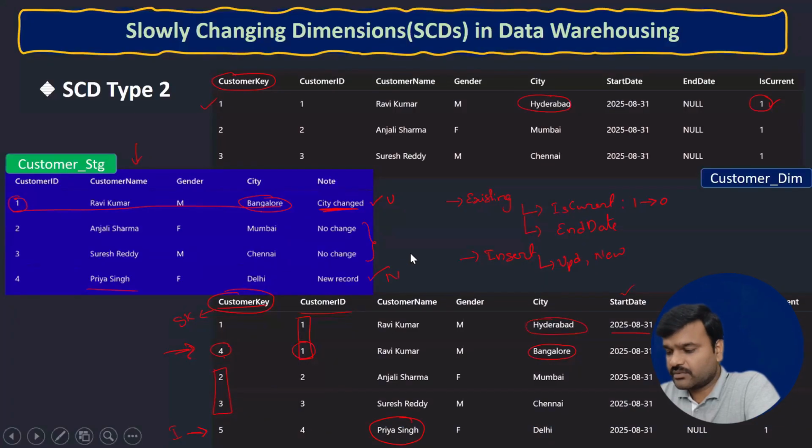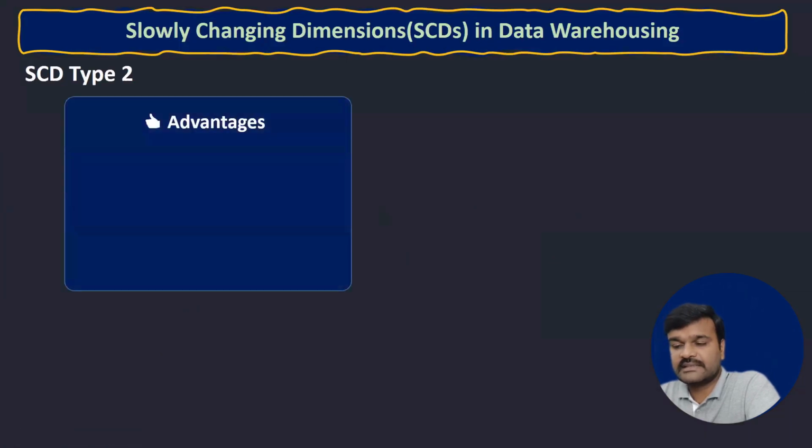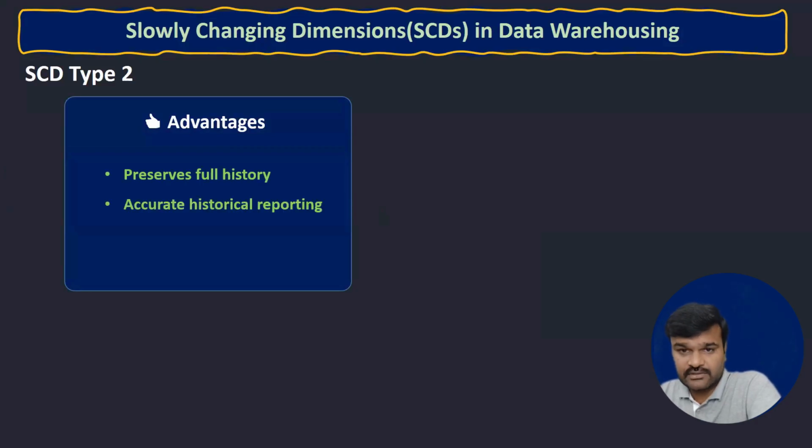So that is the overall implementation. These are the advantages, based on this overall discussion. It simply preserves full history. You can go as far into the past as you want, as much as existed; that entire history you can get back. So you get an accurate history report, and it supports trend analysis.